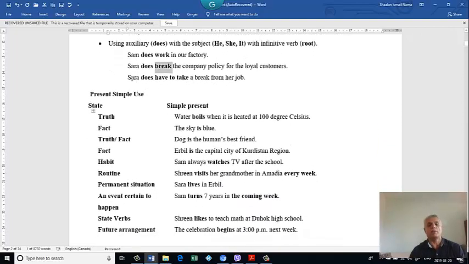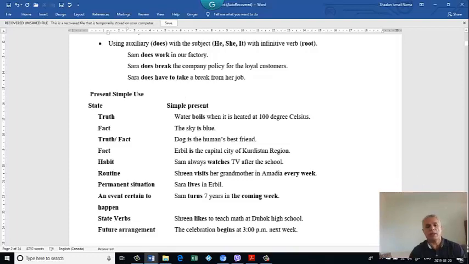If we look into the sentence, Sarah is the subject, does is the auxiliary verb, have to is the modal, because modals are also part of auxiliary verbs. Then we have the root of the verb, take. Then we say Sarah does have to take a break from her job.